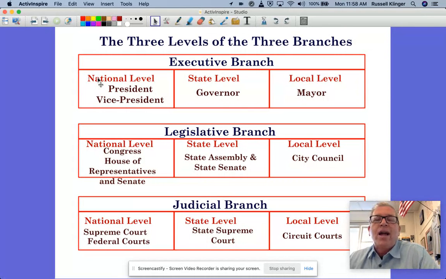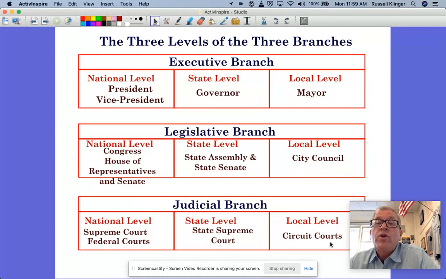that and kind of show you here that these three branches of government can be thought of not only from a Washington, D.C. level, which is the national level, or the state level, where we have governors and what we call state assemblies and the Senate and the state Supreme Courts, but also at the local level. We have these three branches all the way down to the city of San Mateo. We have a mayor. That's kind of like our version of a president. We have a city council. That's sort of like our version of a legislative branch.